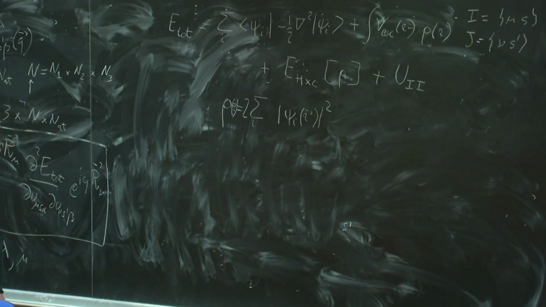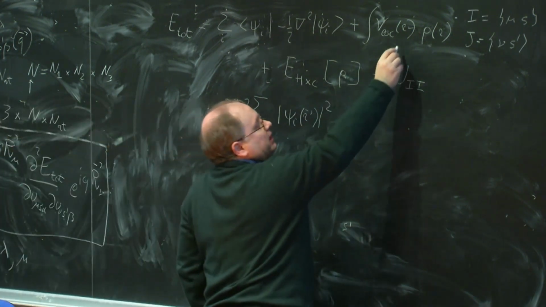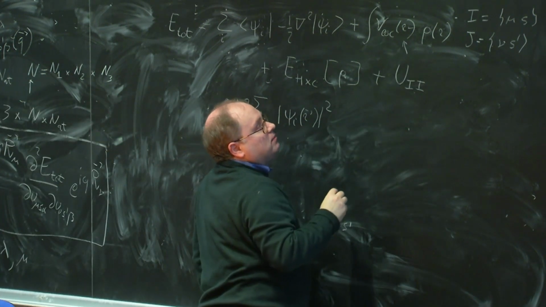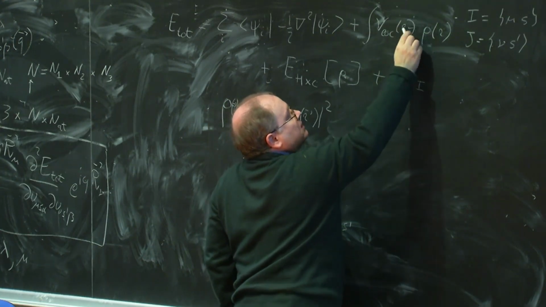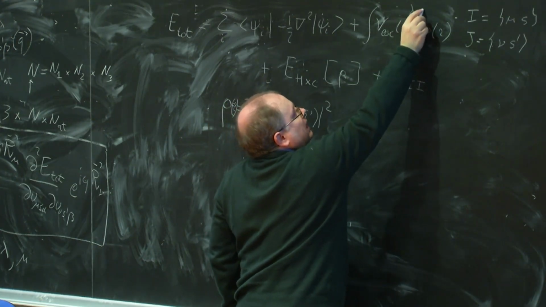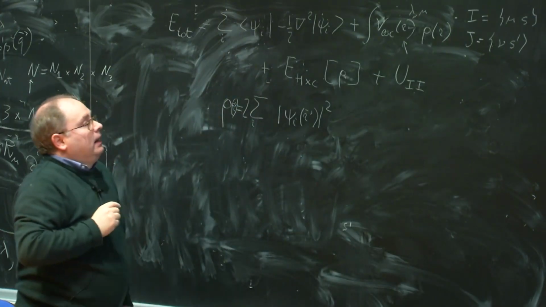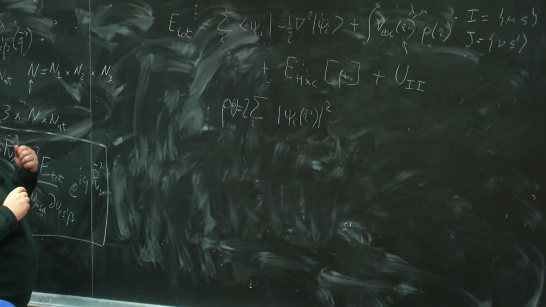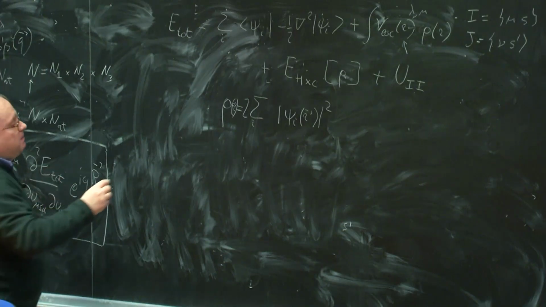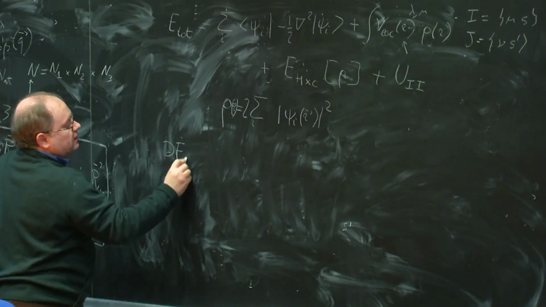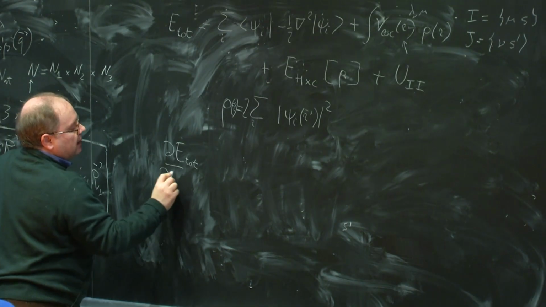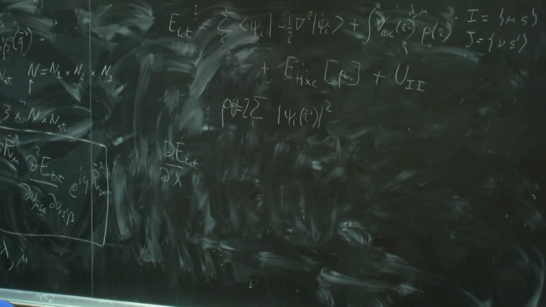So you have already seen, I think, the Hellmann-Feynman theorem that says that if this energy depends on some external parameter, and in particular the ionic coordinate will be in the local potential, so we assume that the local potential depends on these parameters, lambda and mu, and so on. Then the first derivative of this total energy with respect to one of these parameters, dE tot over d lambda, gives the forces that you have already seen.